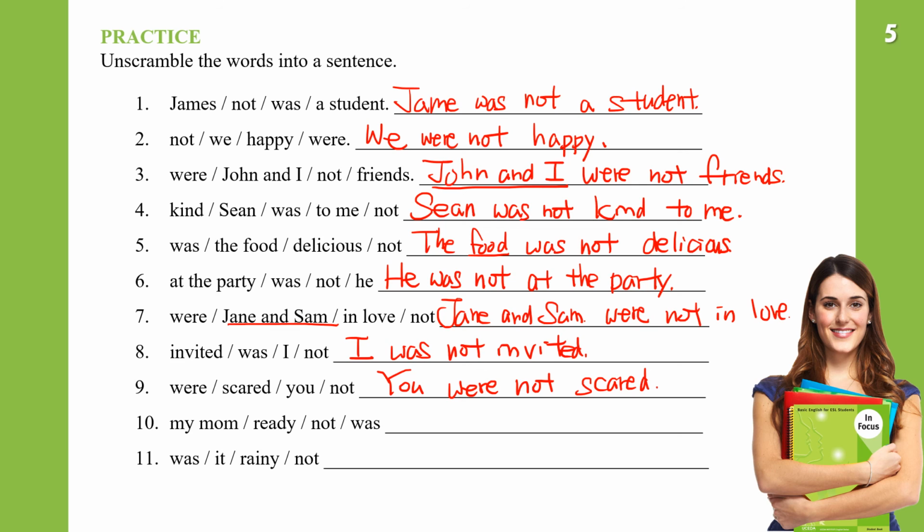You were not scared. Okay, my mom is the subject. Very good. My mom. And then was, yes, my mom is third person singular, so we need was not. My mom was not ready. She was not ready. The last one.